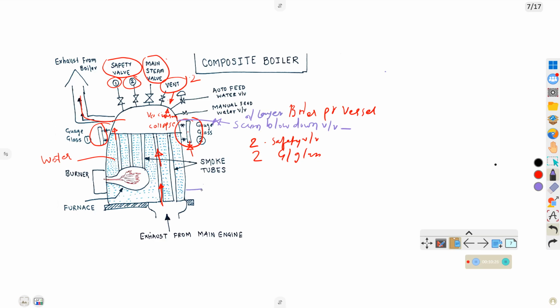And at the bottom there is the bottom blow down valve. It is used to remove the sediments and chemicals settled at the bottom.